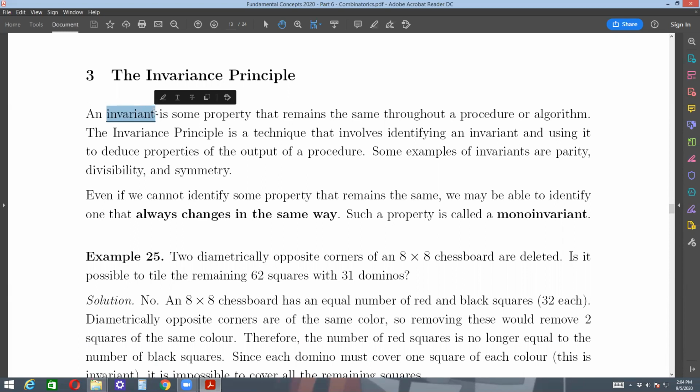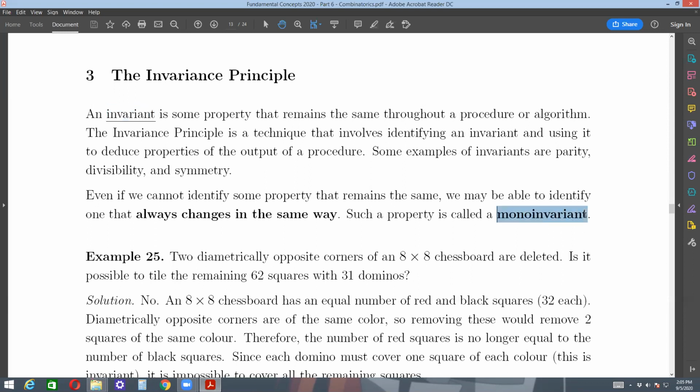So basically, in some questions we're given, sometimes we can identify properties that don't change. For example, the parity of some numbers. Let's say the question has some procedure you do. It might be such that throughout the procedure, the parity of certain numbers doesn't change. Or it might even be a mono-invariant.